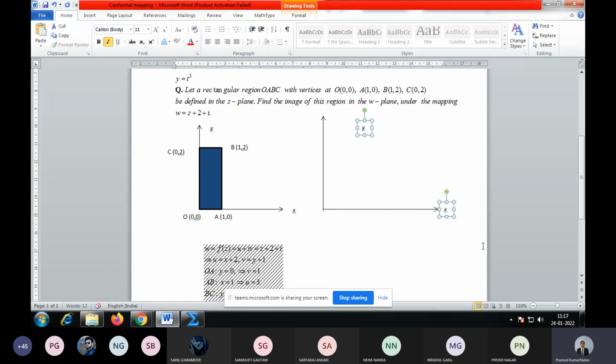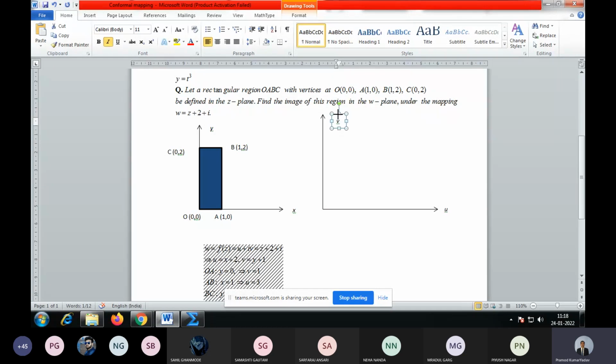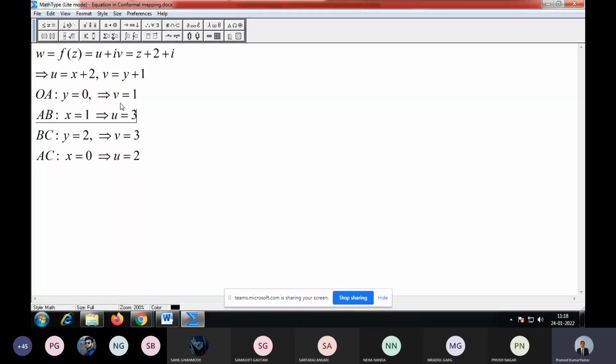This is the u axis and this is the v axis. Now you know v equal to 1.